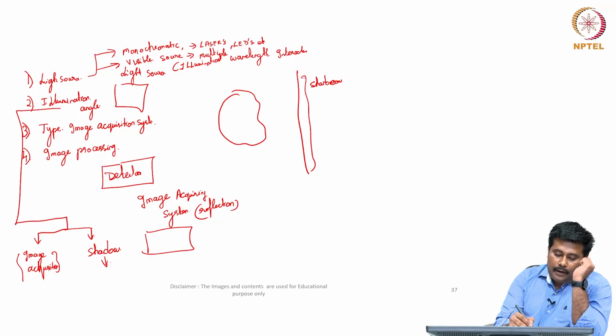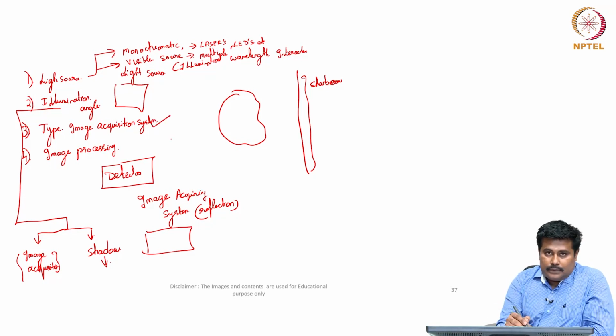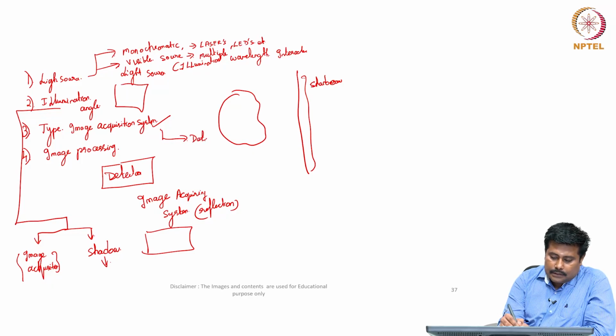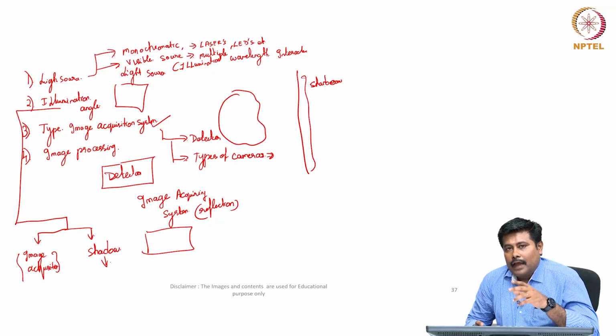Now, when we talk about the image acquisition system, under it we have the detectors and the types of cameras. There are wide varieties of cameras which exist.